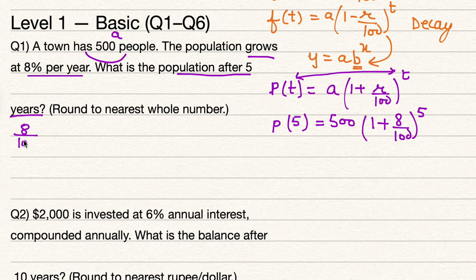8%. Now I have to convert it into a decimal, right? 8 is actually 8 point, and you can put on as many zeros as you want. It's not going to affect the basic value, upon 100. Now when we divide by 100 or 1000 or any number of zeros, the decimal moves to the left-hand side.